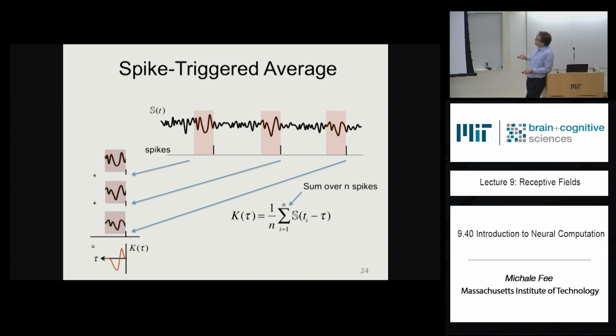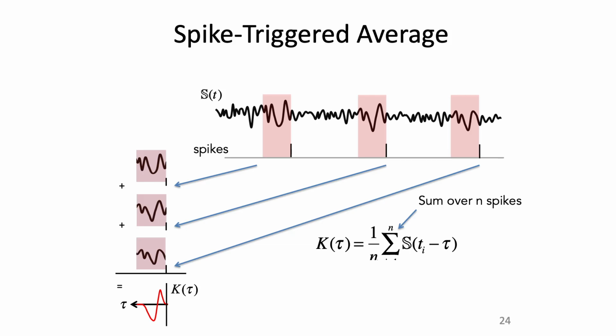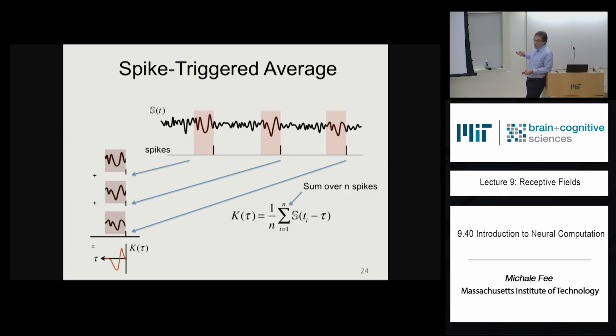So let's think, and we can write that down as follows. We're going to write down the times at which all these spikes occur, t sub i, are the times in the stimulus at which the spikes occur. We're going to take the stimulus at those times minus some tau, okay?